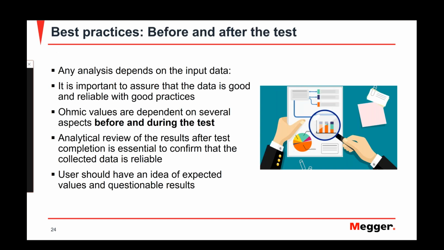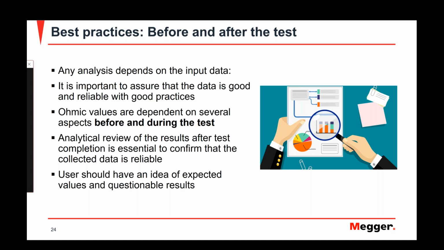Evaluating the health of your batteries is highly dependent on the input data we provide, and the best way to do this is by following thorough testing practices. The ohmic values that we obtain are very dependent on the aspects of this, both before and after the test, so this preparation needs to be done. We also have to pay attention to the techniques that we're using whenever we're taking these measurements so that we can achieve good results.